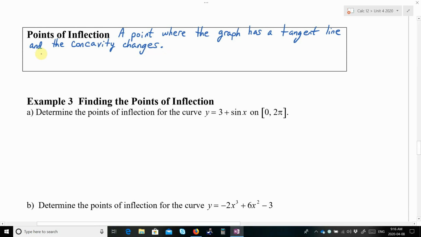And so if f double prime of x is equal to 0 at a certain point, then you get what is called a possible horizontal inflection point.